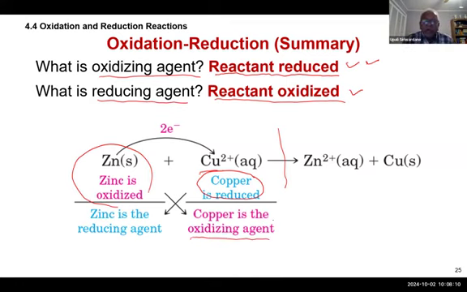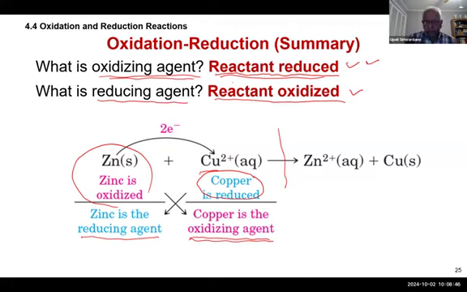Therefore, copper 2 plus is an agent that helps zinc to get oxidized. Therefore, the species that got reduced is called the oxidizing agent. Right here. The opposite applies to zinc. Zinc is oxidized. Therefore, it is the reducing agent.